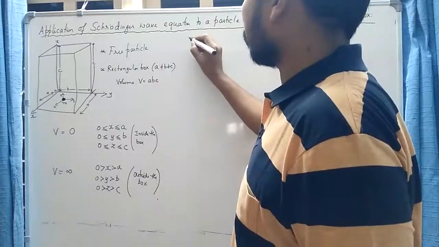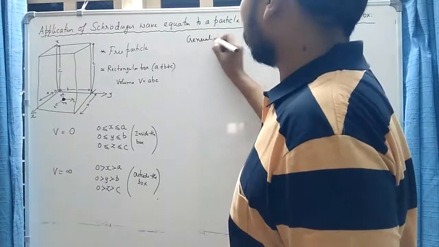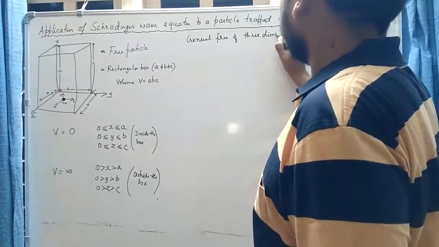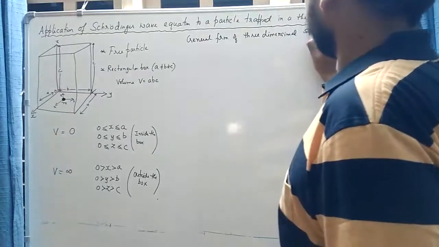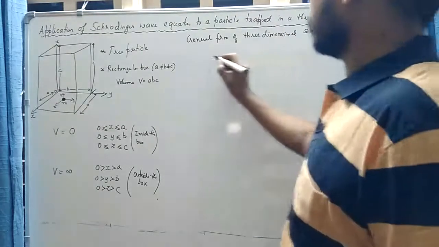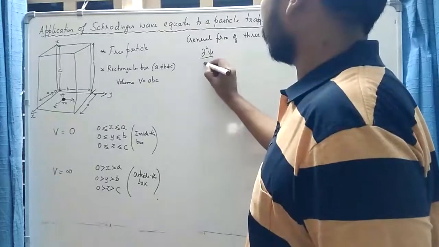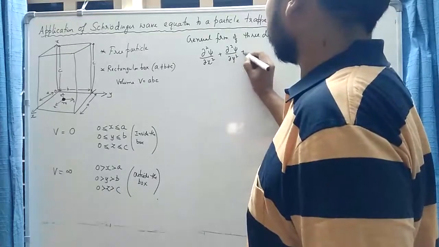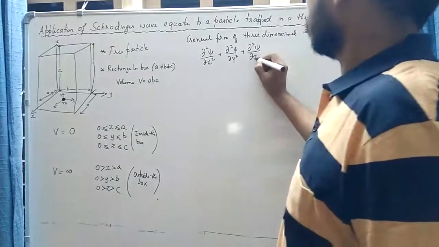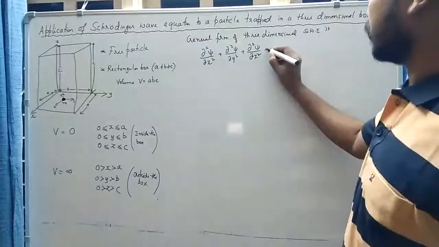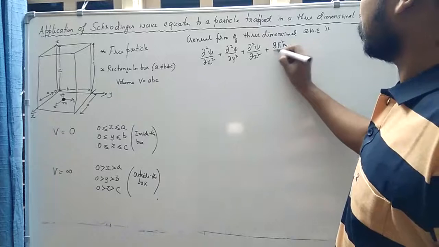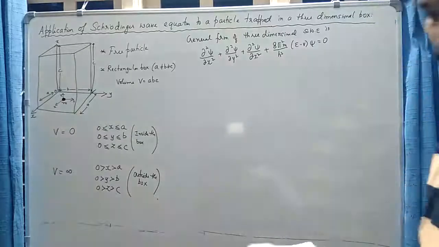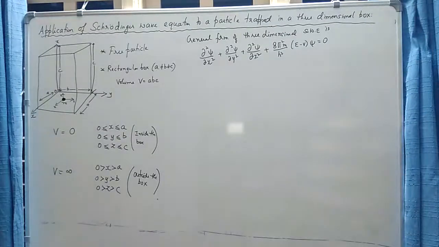What is it? The general form of the three-dimensional Schrodinger wave equation is ∂²ψ/∂x² + ∂²ψ/∂y² + ∂²ψ/∂z² + (8π²m/h²)(E − V)ψ = 0. This is the general three-dimensional Schrodinger wave equation.